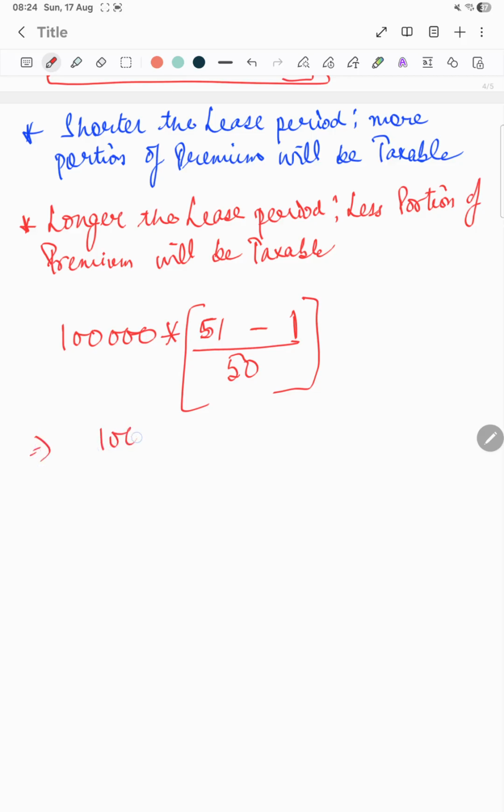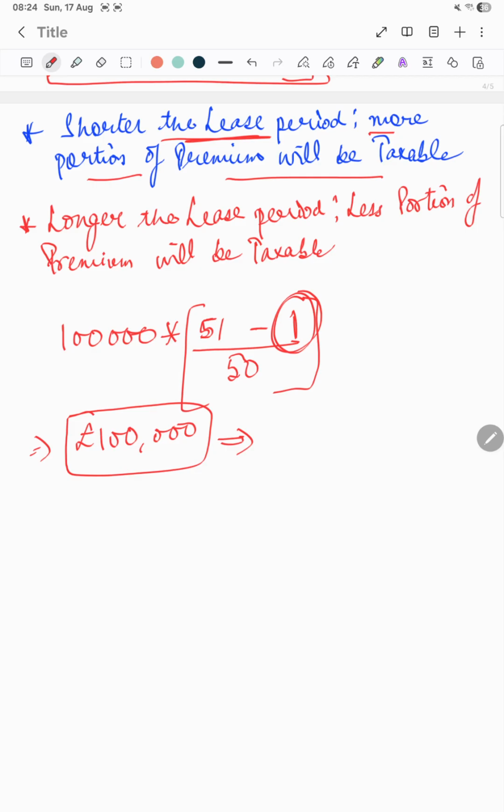So here 1 lakh pounds, it's again taxable, which means shorter the lease period, more portion of premium will be taxable. If it is just for 1 year, this is kind of rent only. Rent is fully taxable, right?